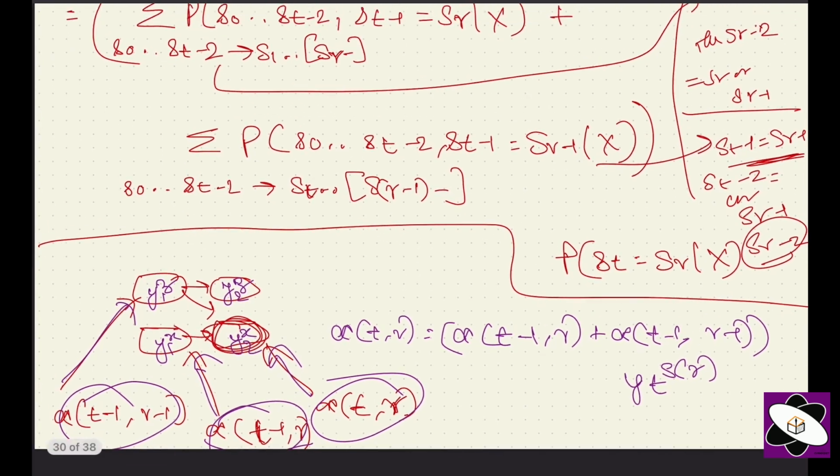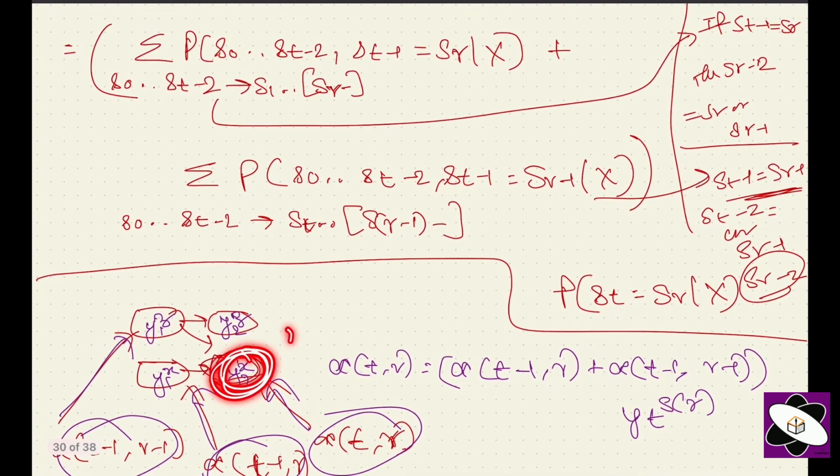Now in the forward algorithm, as I have shown you, if you are calculating for this st equal to sr, we need to have alpha t minus 1 r minus 1, this thing, and alpha t minus 1 r. T minus 1 r is nothing but this thing, and this thing is t minus 1 r minus 1.